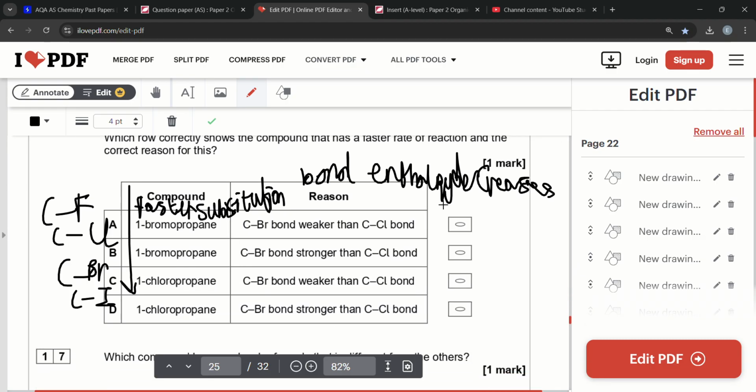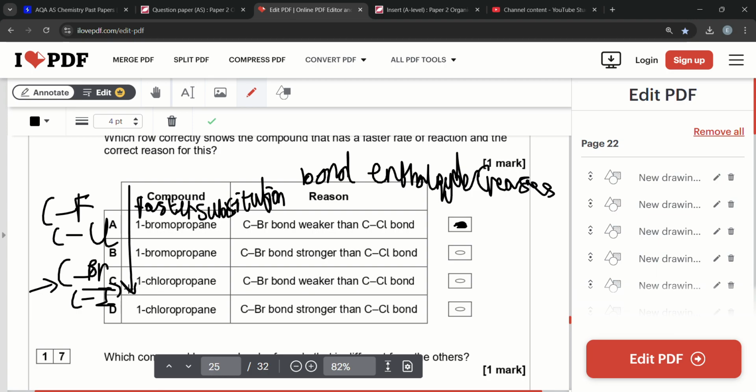Yeah, that's absolutely true. Whereas with the rest of them, C-Br stronger than C-Cl? No, it's clearly not, because it's lower down the group in this case, so it's going to have a lower bond enthalpy, a faster substitution. C-Br bond weaker than C-Cl? Yes, it is, but then how does that explain why 1-chloropropane has a faster reaction?